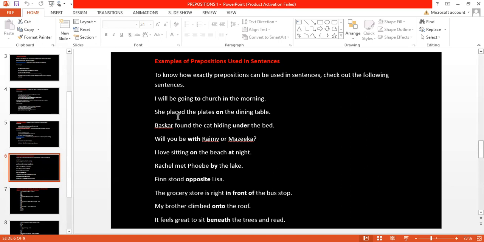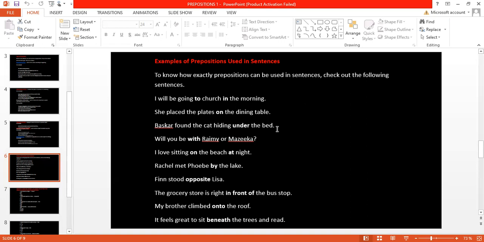The next one, she placed the plates on the dining table. The next one, Basco found the cat hiding under the bed. Under the bed. From what I explained so far, you will be able to tell, oh, this is a preposition that indicates time.